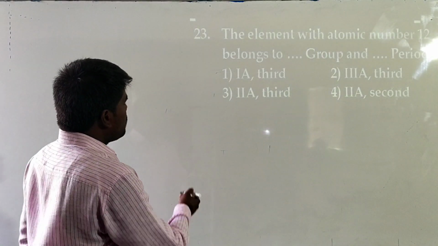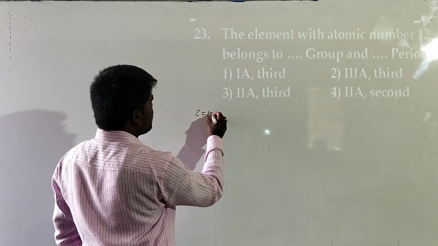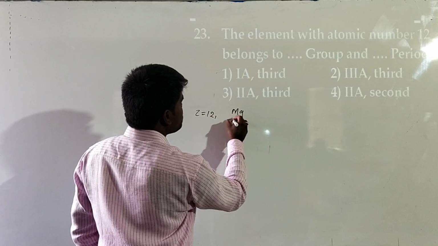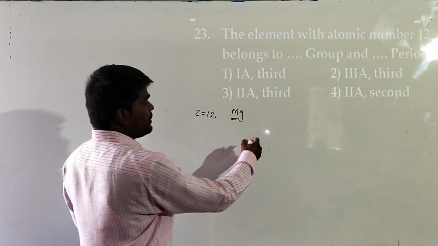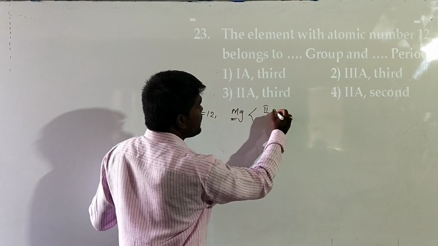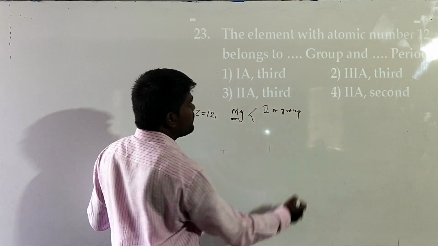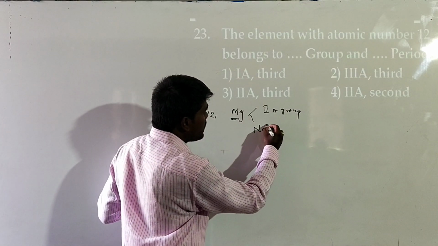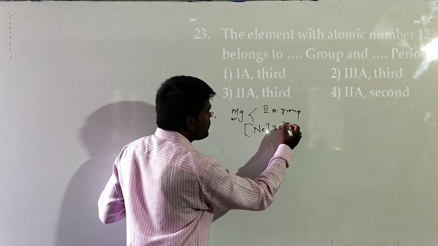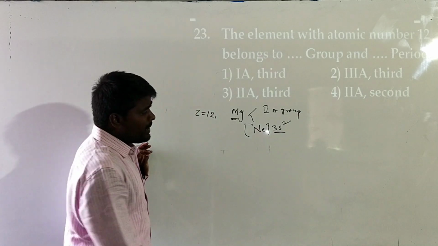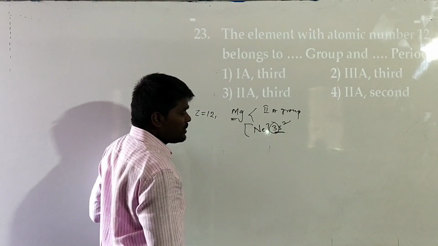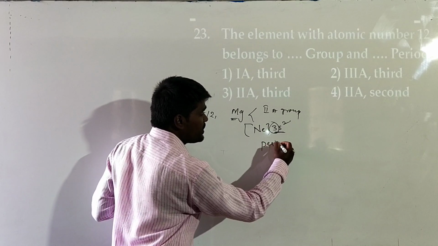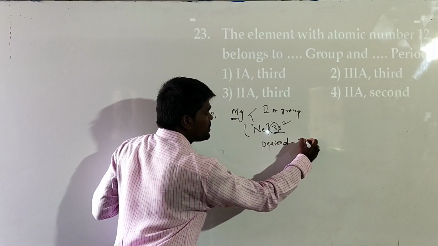So, he has given atomic number 12, which is magnesium's atomic number, and we know that magnesium belongs to the second A group. And for the second A group, what is its valence electronic configuration? Neon 3s2. So what is the maximum n value here? Third, so it belongs to the third period.